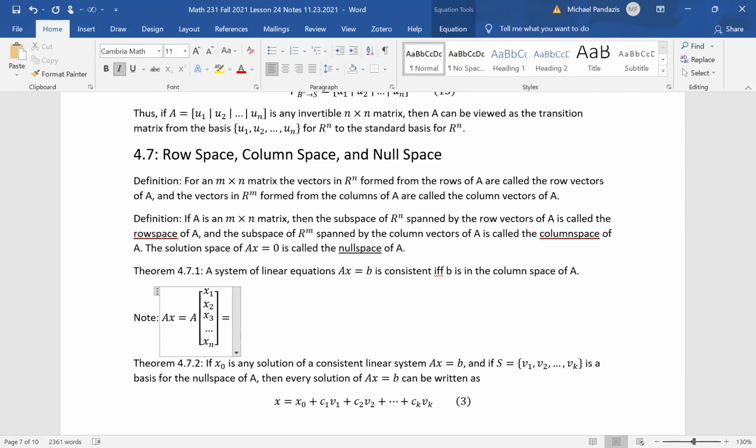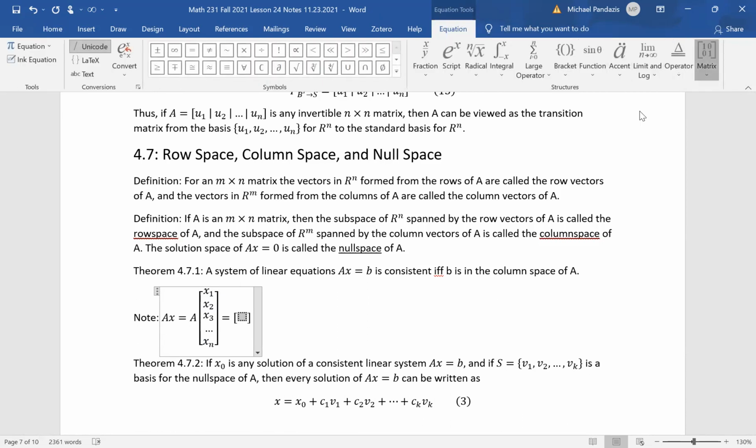But if you're looking at the matrix A, you can also think of it as built on its columns. So C1, let's say, is the first column of A. C2 is the second column. C3 is the third, dot, dot, dot. C sub n is the nth column.